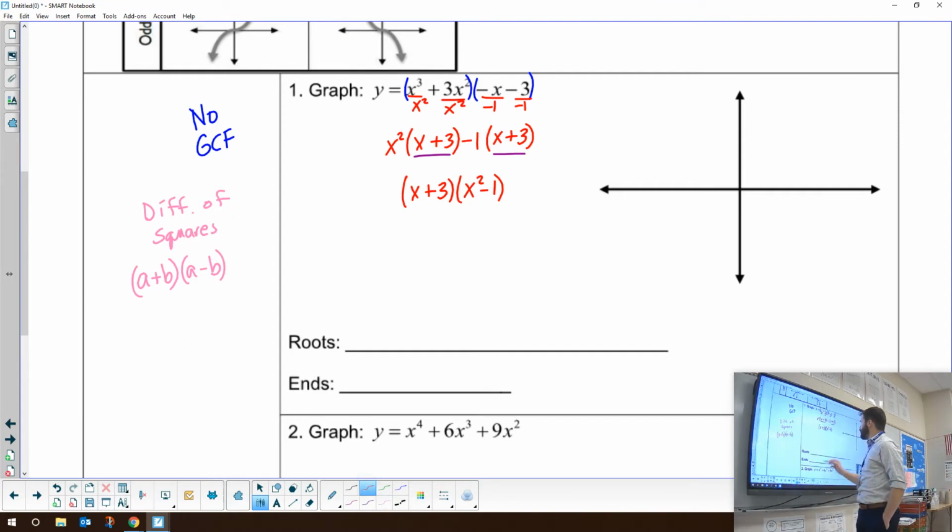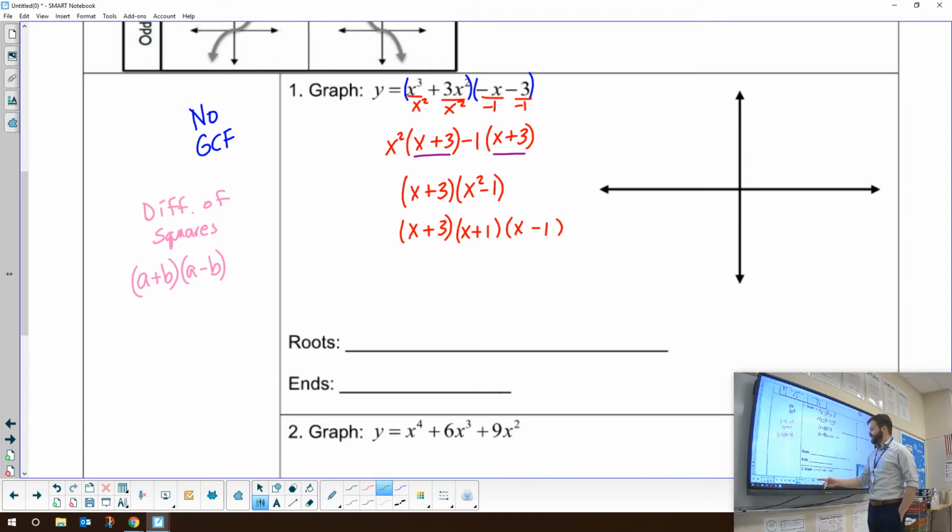So our square root of x squared is x. We can build our little parentheses. I'm going to have x plus 1 times x minus 1. Okay? So there are all my factors. Sorry, my bad. We have x plus 3, x plus 1, and x minus 1.